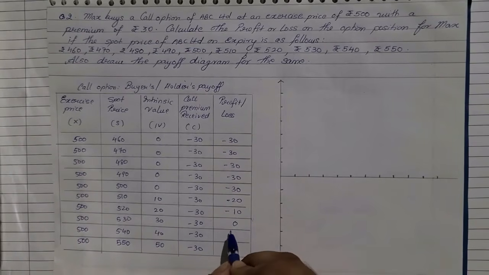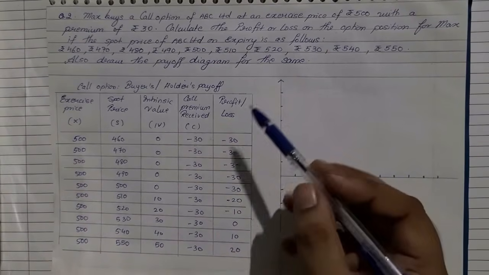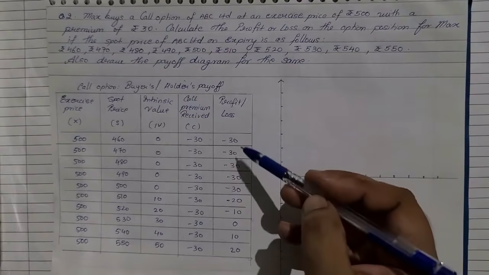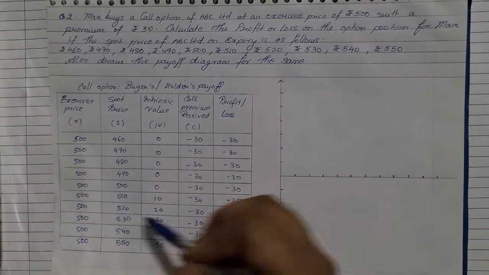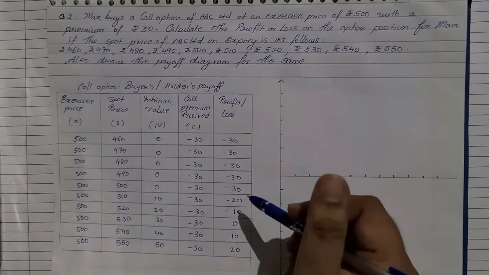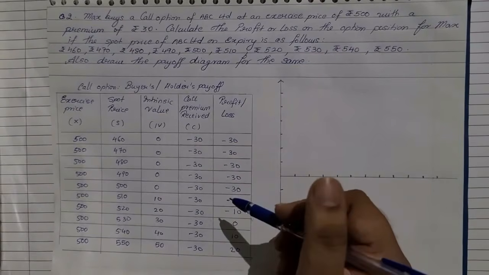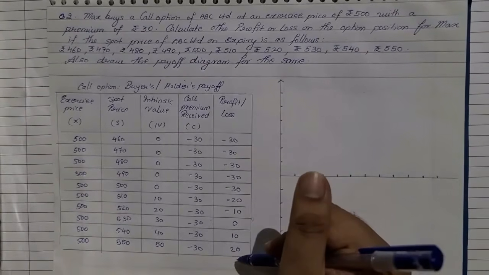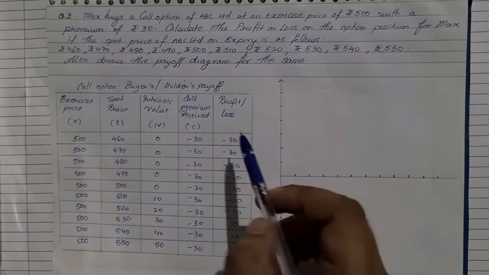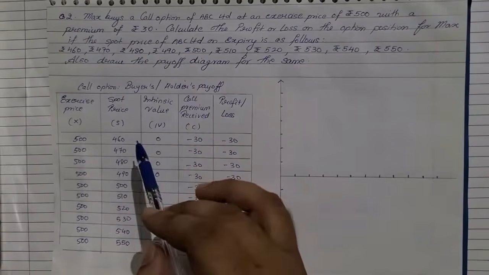We have a 0, that's the equilibrium. Then 40 minus 30 is positive 10, and lastly we have positive 20. So our profit and loss is negative 30 all up to the point where spot and exercise are the same. Thereafter the profit and loss changes, so it becomes negative 20, negative 10, 0, 10 and 20. So this is how we have to create the call option buyer's payoff table.